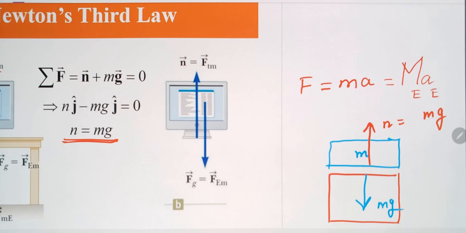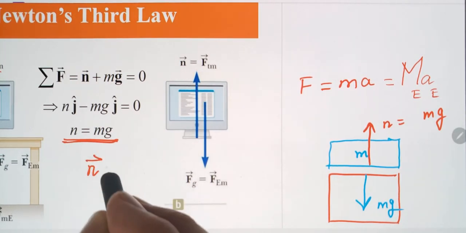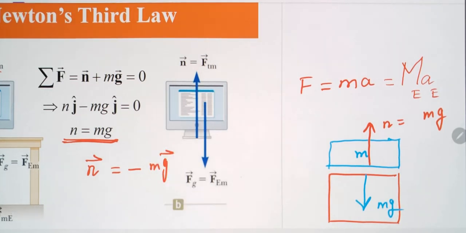If you want to talk about vectors, n is equal to minus mg. That is if you are talking about vectors. But in magnitude, n is equal to mg. 10 Newton, 10 Newton. That's the magnitude.